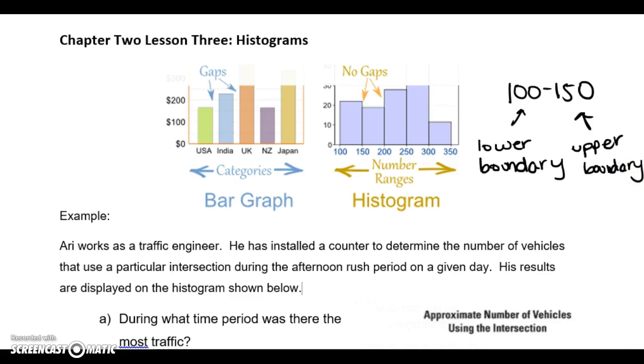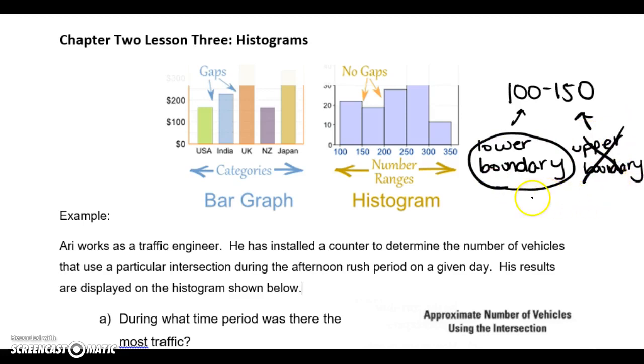With histograms, we include the lower boundary in the data point for that vertical bar, but we don't include the upper boundary. So the data values within 100 to 150 might go from 100 all the way up to 149.9, but not 150. So you include the lower boundary, but you exclude the upper boundary.